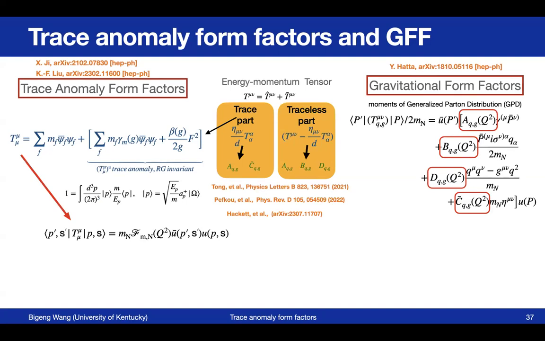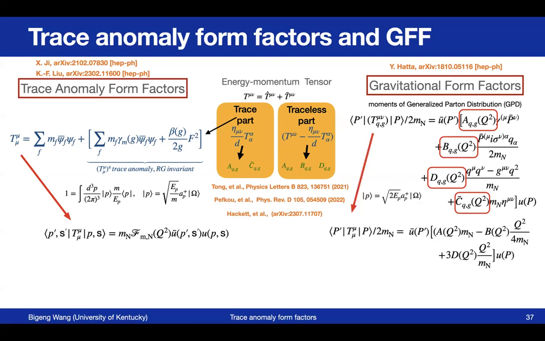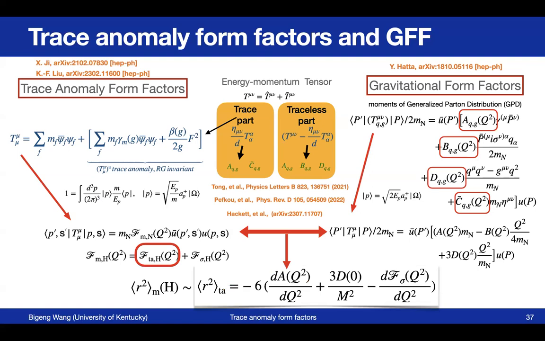So in principle, we can calculate the trace anomaly from these operators that we have defined. We can also express the trace of the energy momentum tensor in terms of these gravitational form factors, so in some way it's the same thing. So we can compare them, and show that if we neglect or include the form factor from the sigma term, then we can calculate the radius of the trace anomaly from all these gravitational form factors.